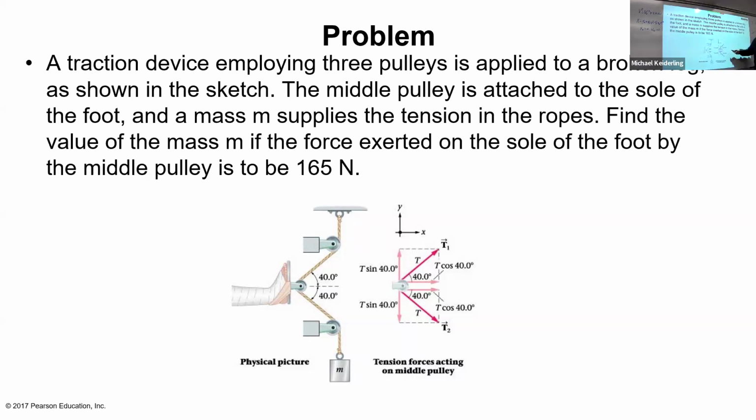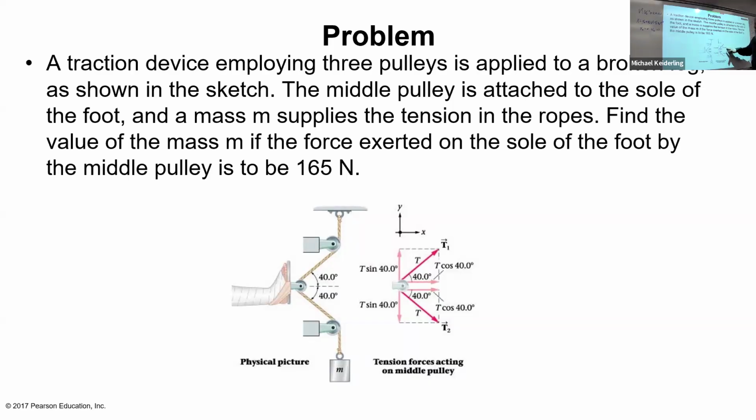So you can see the vertical components. For T1, it's T times sine of 40 degrees up. For T2, it's T times sine of 40 degrees down. You can see how, because these angles are the same, the vertical components of the force will cancel out. And so the force will be entirely horizontal.